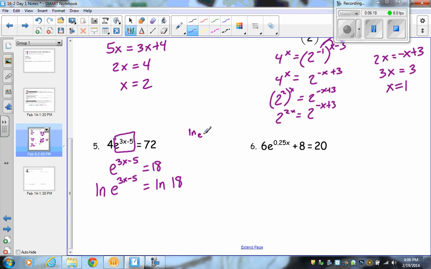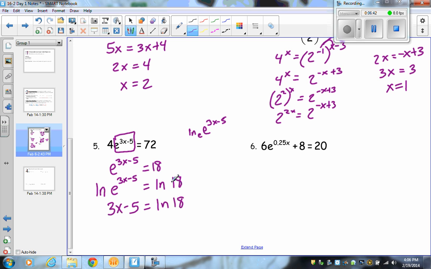So this is really written as ln base e of e to the 3x minus 5. That goes back to one of our properties for logs, which says that that's just going to be equal to the 3x minus 5. So I can now say that 3x minus 5 equals ln of 18.